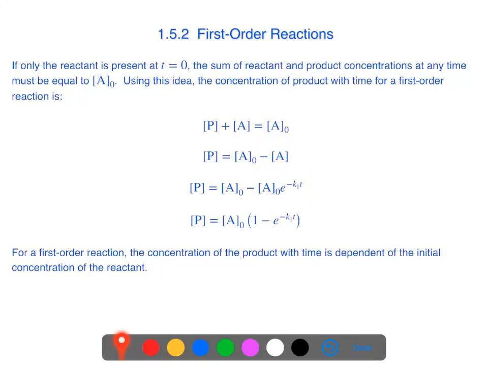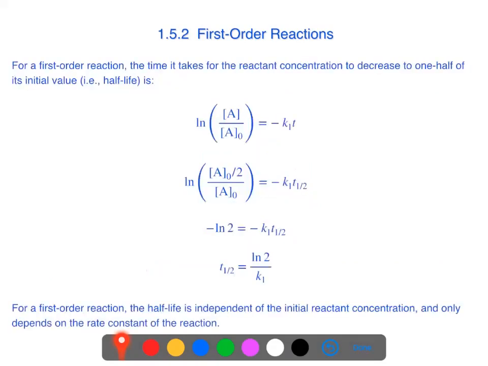And so we can equate the product concentration to the product of the initial concentration of A and in brackets 1 minus e to the minus K1t. So for a first order reaction, the concentration of the product with time is dependent on the initial concentration of the reactant.